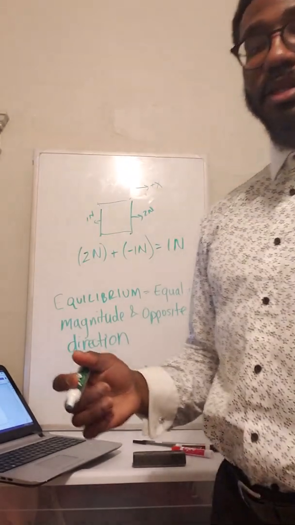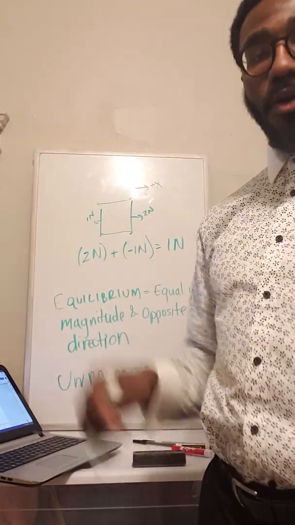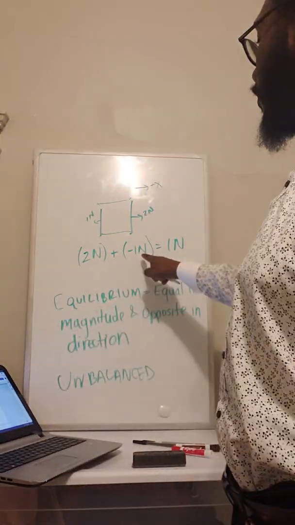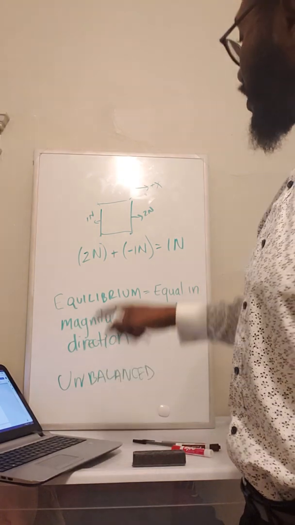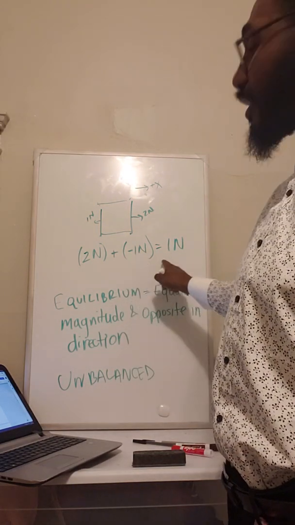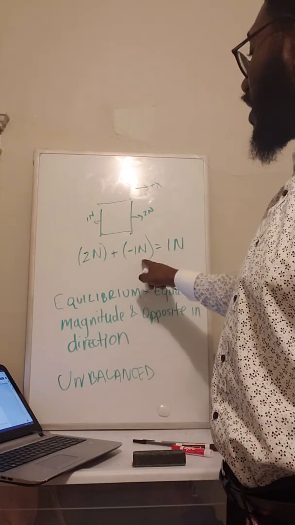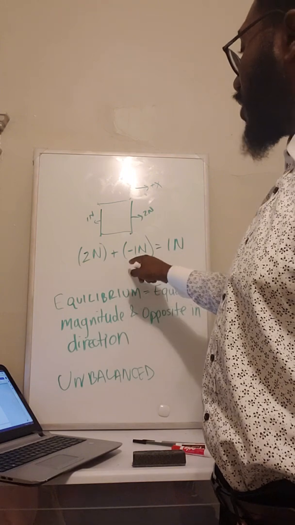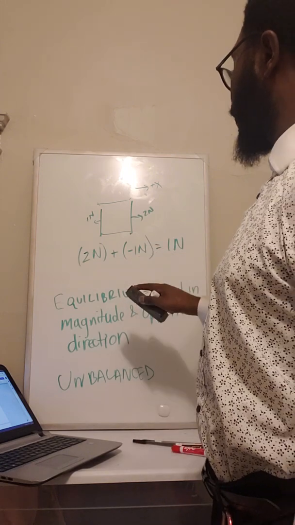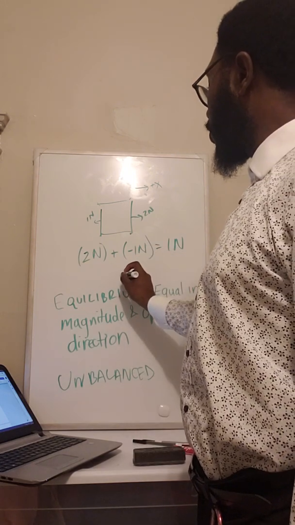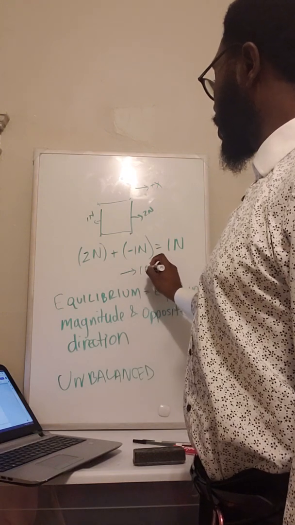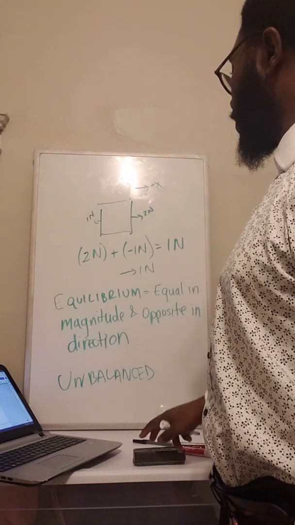Now again, the positive doesn't mean that the number is greater or smaller than this force. In fact, it's actually equal in magnitude. So these forces are the same. They just point in opposite directions. So the net force on the object will be 1 newton going to the right because the force is positive.